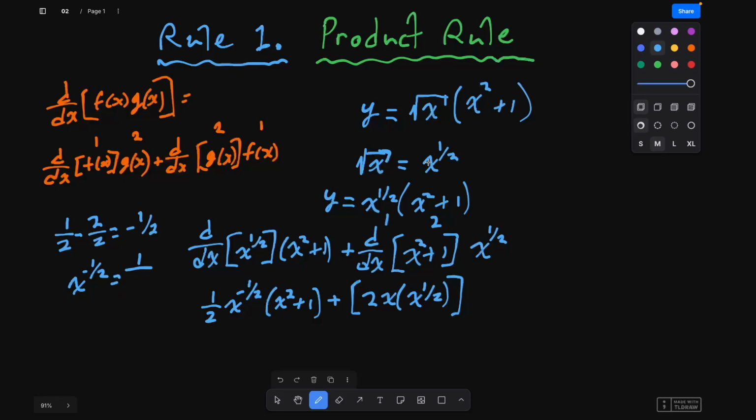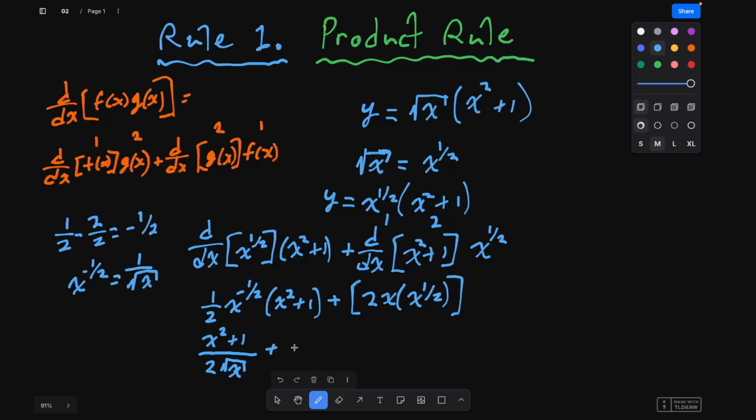And remember, our x to the 1 half is equal to the square root of x. So we're going to write this as 1 over the square root of x. So when we rewrite this, we're going to have a 2 in the denominator with our square root of x. And now, writing it that way, we can put this x squared plus 1 on the numerator. So that's the left side simplified.